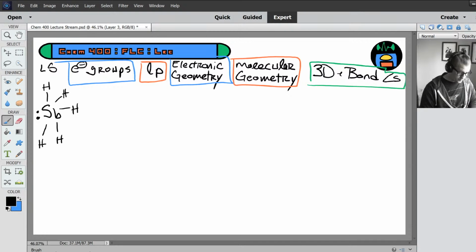All right, now the number of electron groups is the number of atoms on our central atom plus the number of lone pairs our central atom has. So we have 6 total electron groups with 1 lone pair. Every time you have 6 electron groups, your electronic geometry will be octahedral.